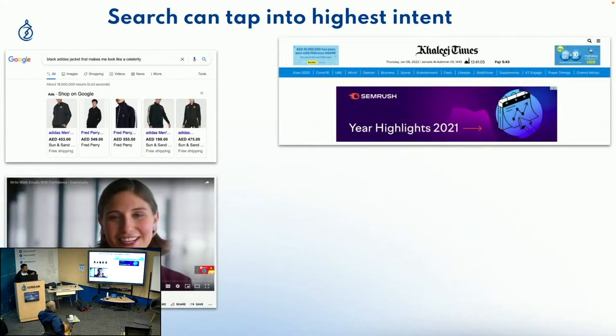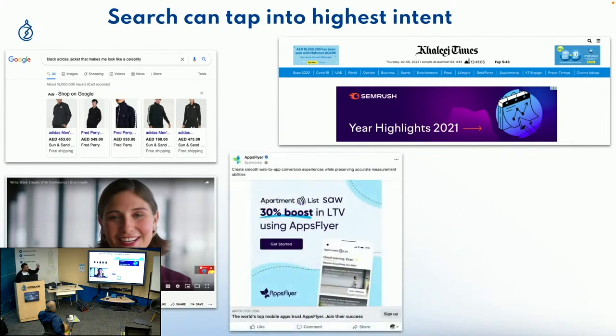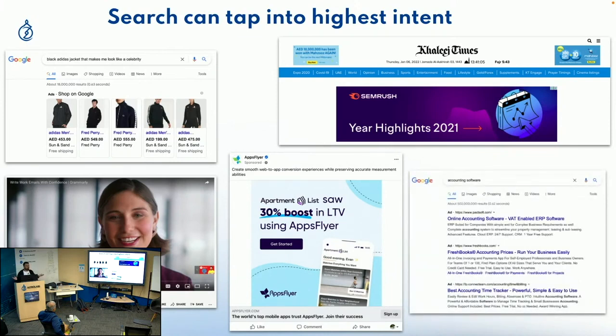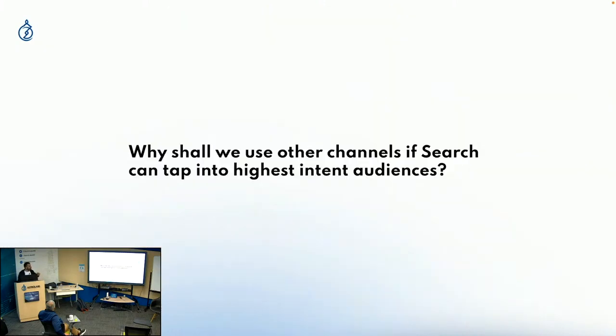Then we have Facebook ads like this. You go to Khaleej Times, you see a display ad, right? Then on Facebook, you scroll and you see an ad like this. And then there is Google search, obviously. It's just a close variant of shopping ads, right? But my question to you is, if you are familiar with all these channels, a company spending their money on Google Shopping, Google Search, display ads, Facebook ads, YouTube ads, if it's all about intent, why don't people just invest all their money on Google search?